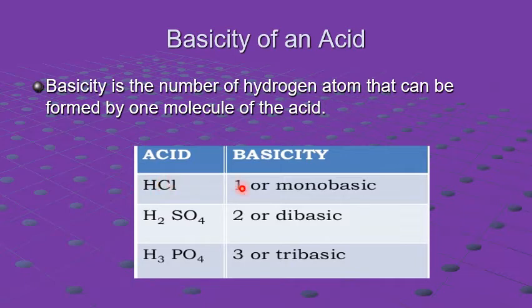You could either indicate it by putting a number for the number of hydrogens, or you could use your prefix: mono for 1, di 2, tri 3, tetra 4. So here we have HCl. Here you only have 1 hydrogen, so your basicity is 1 or monobasic. Next you have H2SO4. You have 2 hydrogens, so you have 2 or dibasic. Here you have 3 hydrogens, so you have 3 or tribasic. That's it.